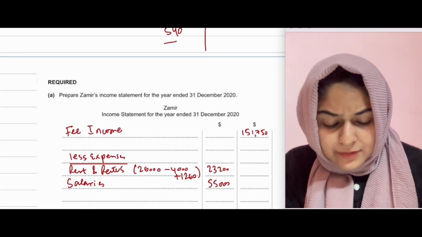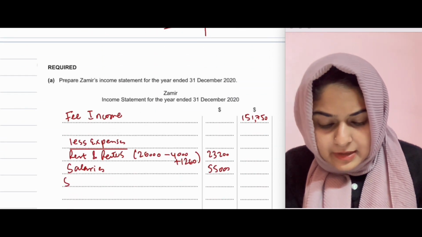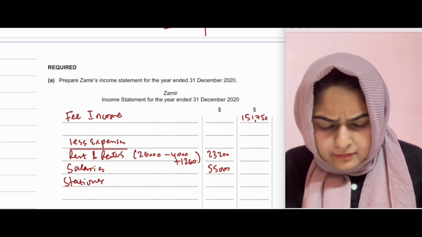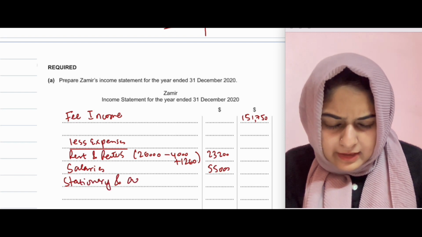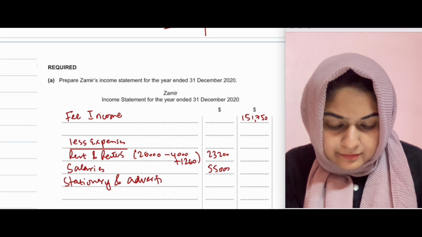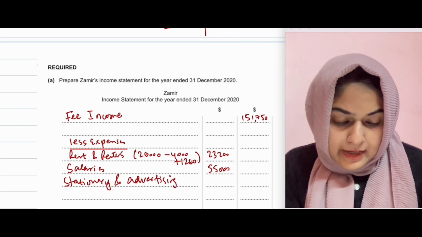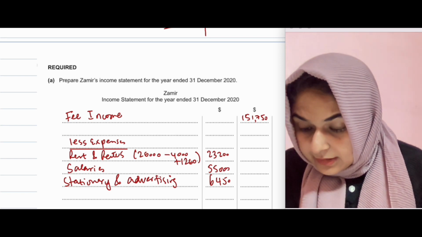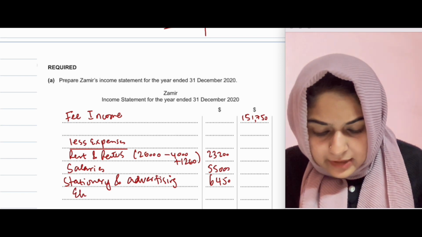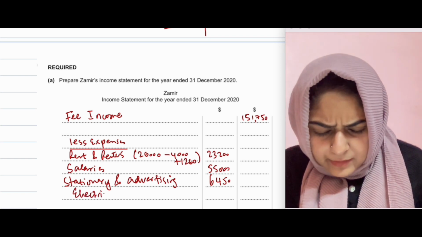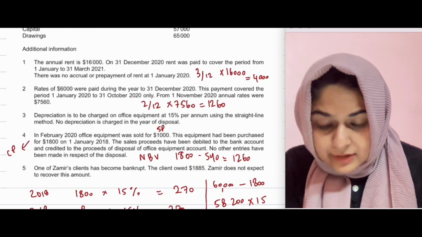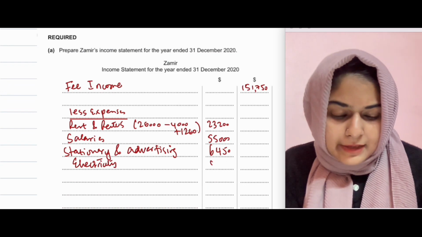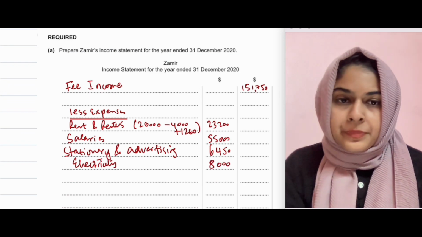Stationery and advertising, 6450. डायरेक्टली कॉपी कर लेंगे. इलेक्ट्रिसिटी, उस पर भी कोई एडजस्टमेंट नहीं है, वहाँ पे भी हमें डायरेक्टली कॉपी करना है. इलेक्ट्रिसिटी यहाँ पे है हमारे पास 8,000 इलेक्ट्रिसिटी है, तो इसको 8,000 एज इट इज़ डायरेक्ट लिख देंगे.